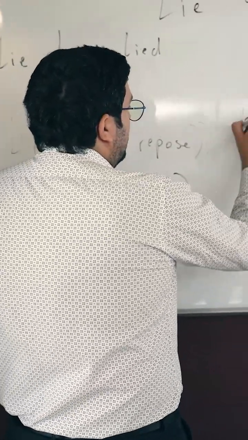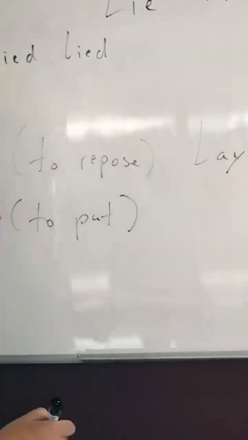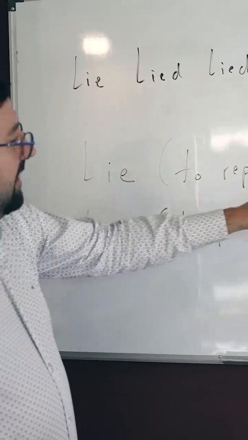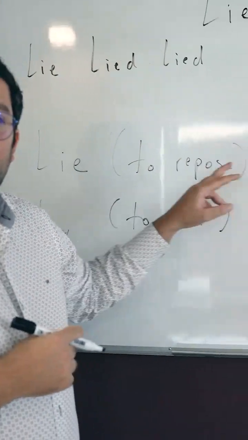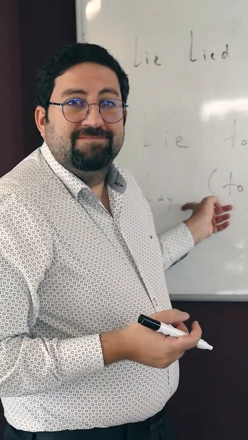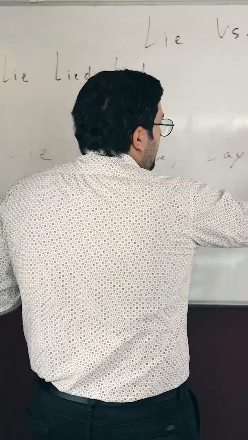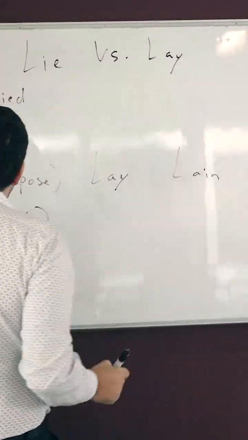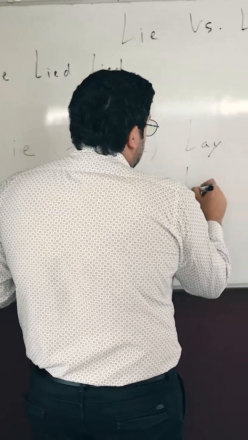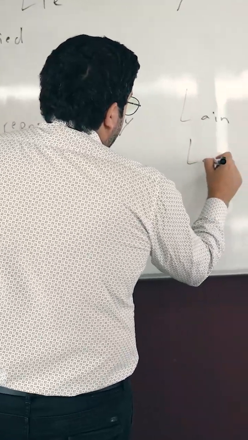Lie is conjugated as lie, lay, oops. See the trouble? See the potential confusion? The simple past of lie and the infinitive of lay is, well, lay. So, easily confused. Anyway, lie is lie, lay, lain. And lay is lay, laid, laid.